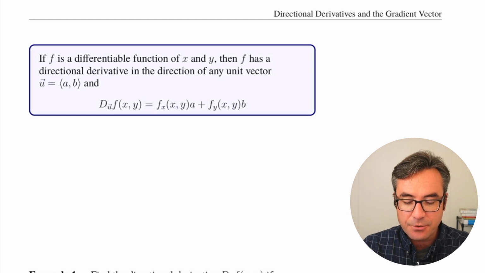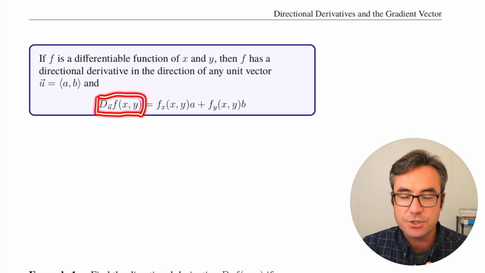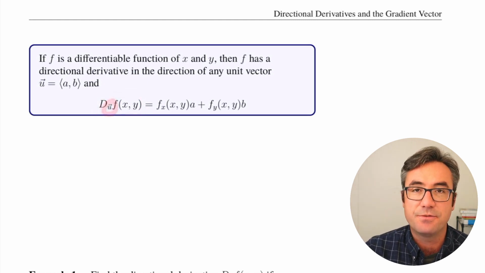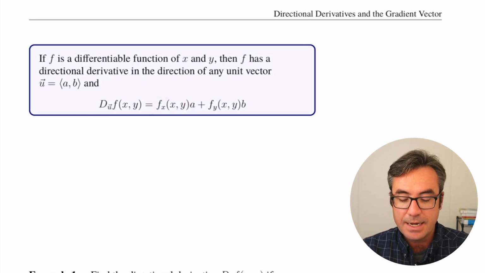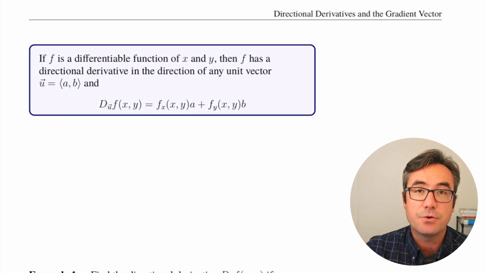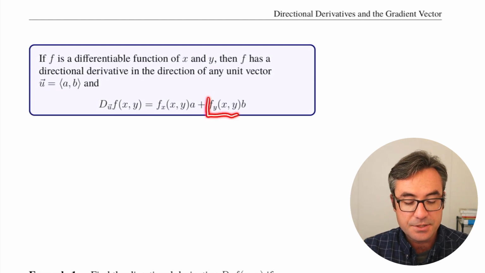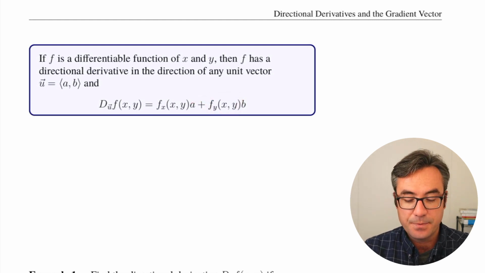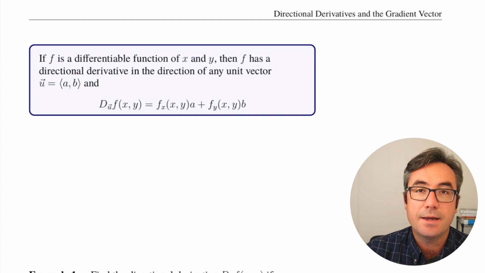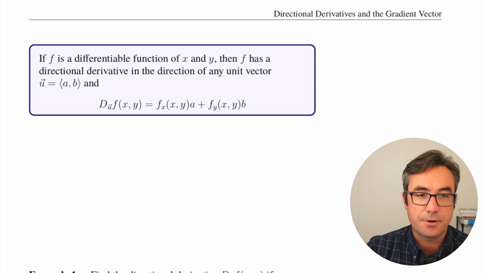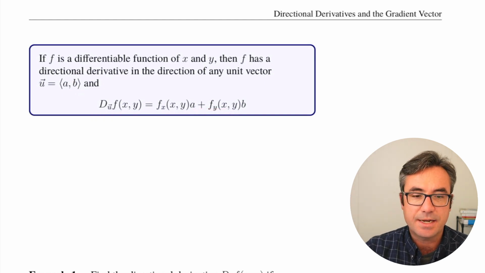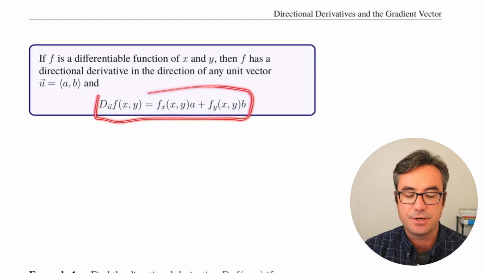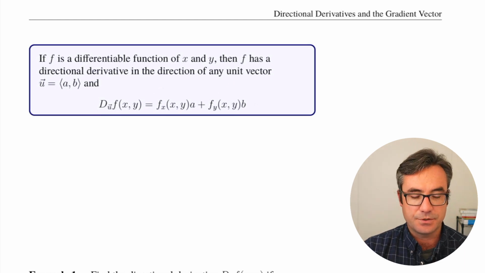And the way we can calculate it, the directional derivative in the direction of vector u, is our x partial derivative times the x component of our unit vector, plus the y partial derivative times the y component of our unit vector. And we're going to come back and prove this in a second, but let's try a calculation using this result first.